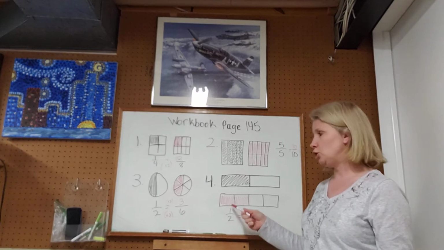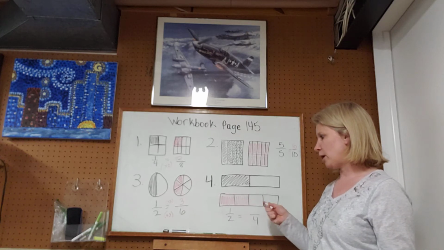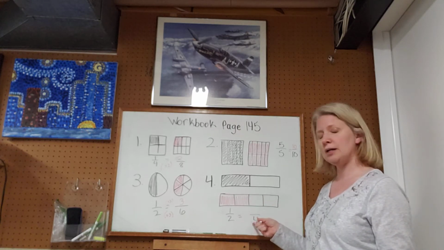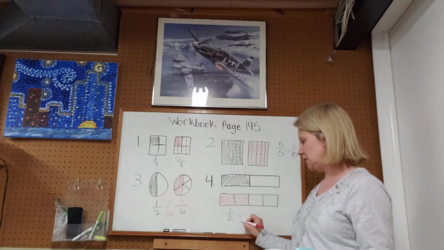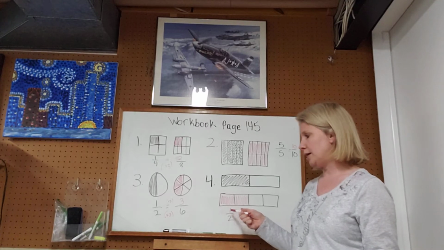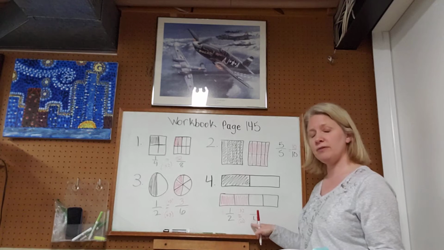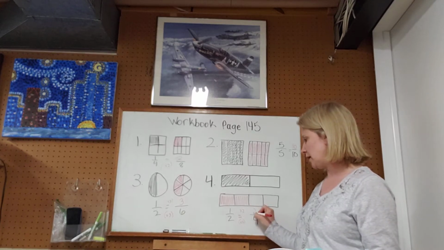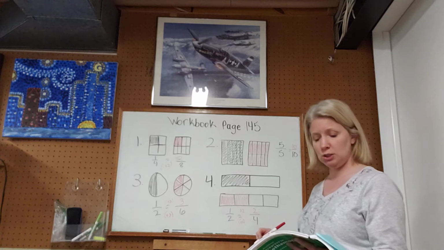What did I do to the 2 parts to get to the 4 parts? 2 times what gives me 4? 2 times 2. So you did times 2 to the bottom, so you're also going to do times 2 to the top. 1 times 2, that's going to give you the equivalent fraction, 2 out of 4. So your answer for number 4 should be 2.